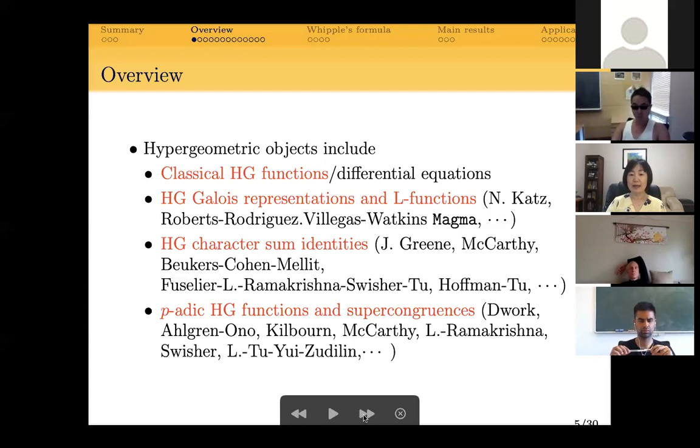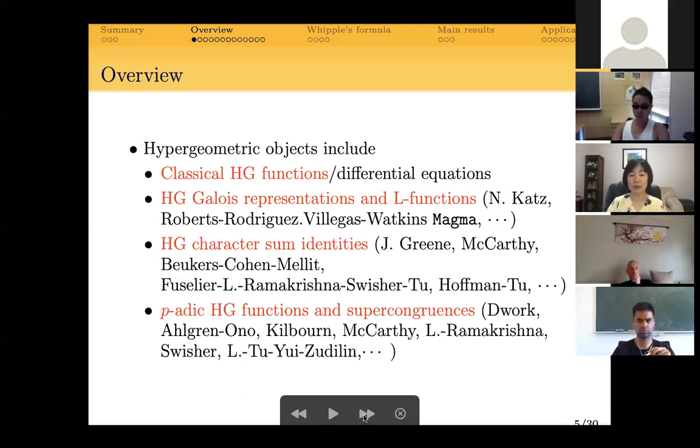And Greene's function was later modified by Dermot McCarthy with a nice modification. Based on McCarthy's modification, Fritz Beukers, Henri Cohen, and Anton Mellit built further the corresponding definition of hypergeometric functions when the motif or the data is given over Q.